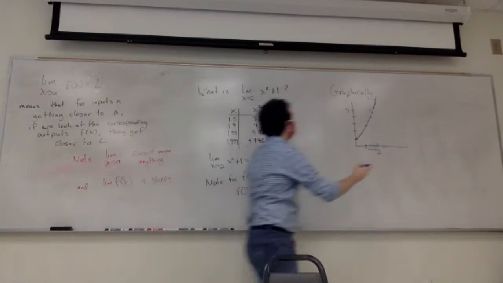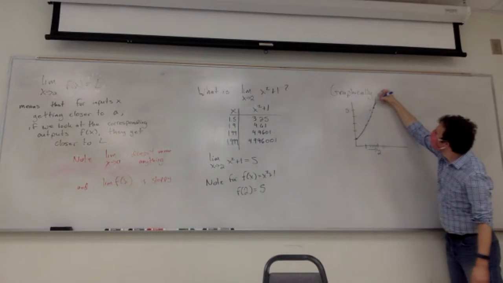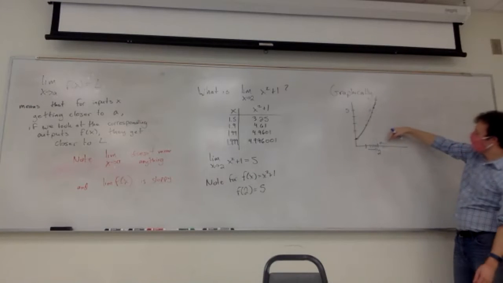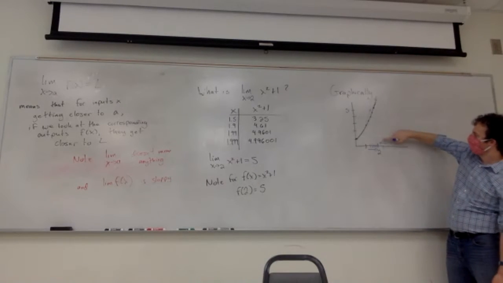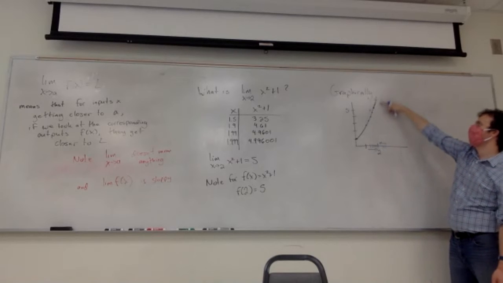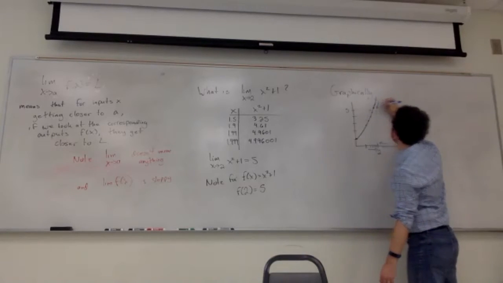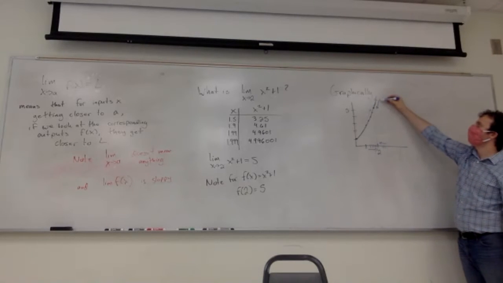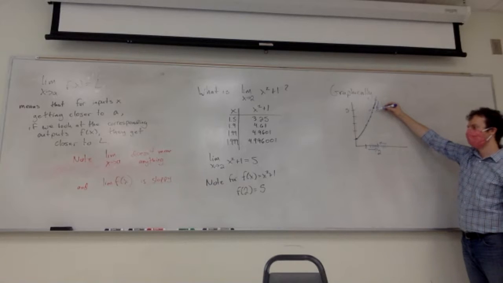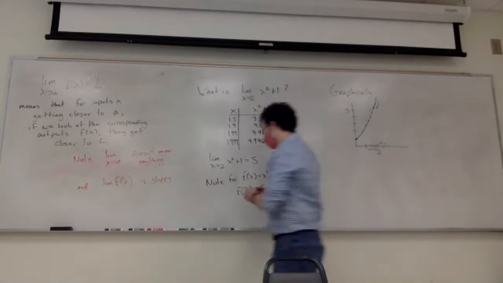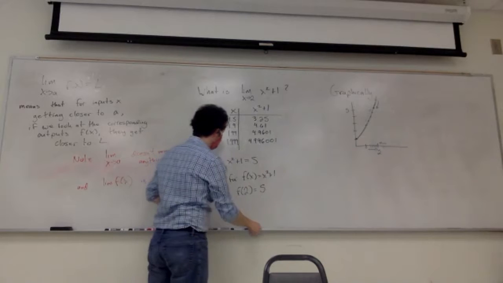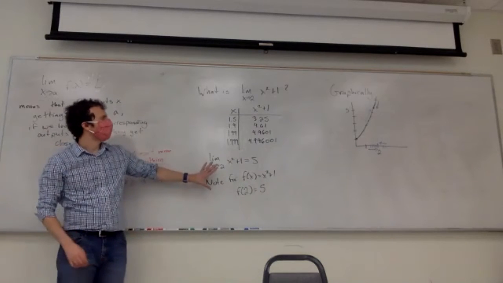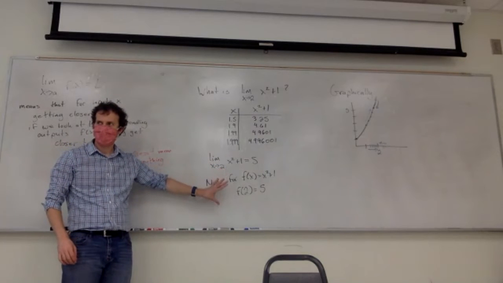And as we're moving closer to 2, the corresponding points are moving down. And again, as our x's get closer to 2, these heights get closer and closer to 5. Questions about this?